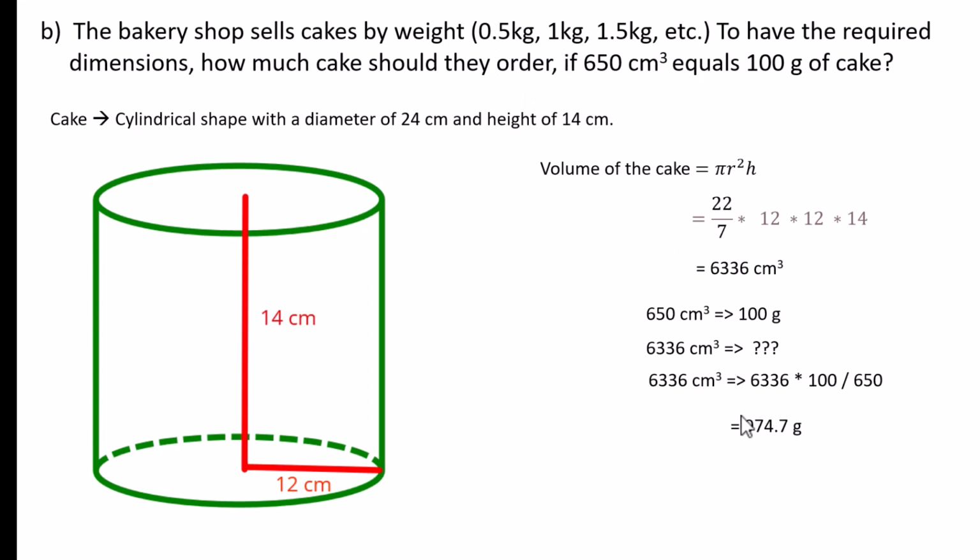So the shopkeeper cannot give him 974 grams. He would be giving a cake equivalent to either 0.5, 1, 1.5, 2 kg, etc. And so 974 grams is very close to 1 kg. So the cake that they have to order should be for 1 kilogram.